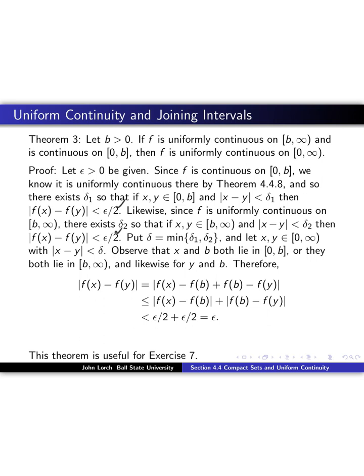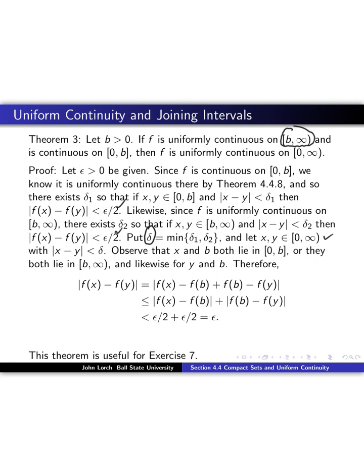So now we've got delta 1 and delta 2. We're going to pick delta here to be the minimum of those two. And now let's suppose we've got x and y in the grand large interval from 0 to infinity that are within delta of each other. Now, if both x and y are in this interval from b to infinity, then all is good, right?